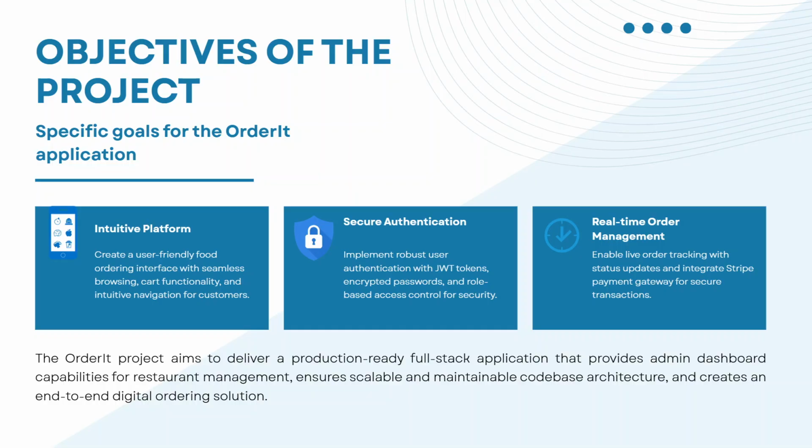Another important objective is to enable real-time order management, where users can track their orders and admins can manage operations efficiently. Additionally, the project integrates secure online payments using Stripe, making the transaction process smooth and reliable. Overall, the objective is to develop a scalable, production-ready application that solves real-world problems.